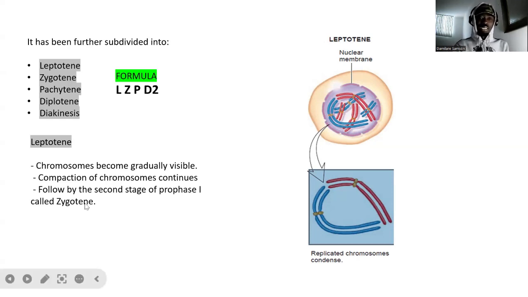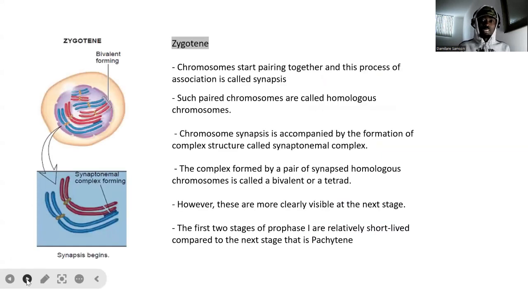Now, after leptotene, we go to the next one, which is zygotene. Now, in zygotene, the chromosomes start pairing together. You now begin to see pairing. If you look at the diagram here, we call this bivalent forming, meaning two chromosomes coming together side by side, as you can see.